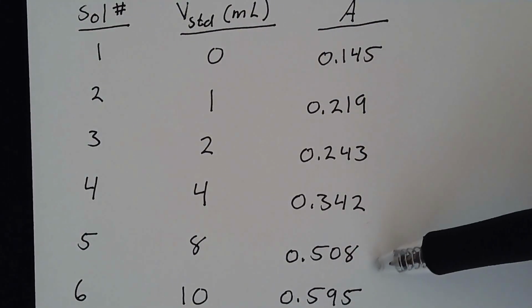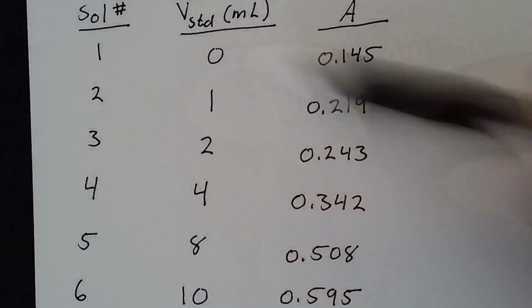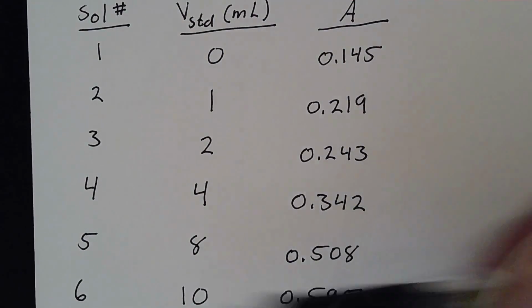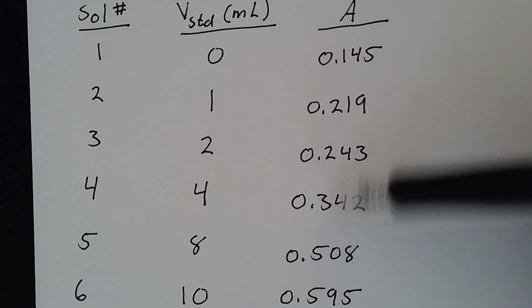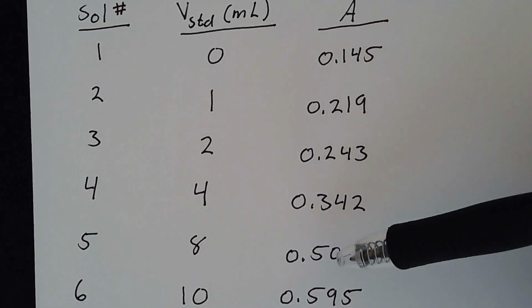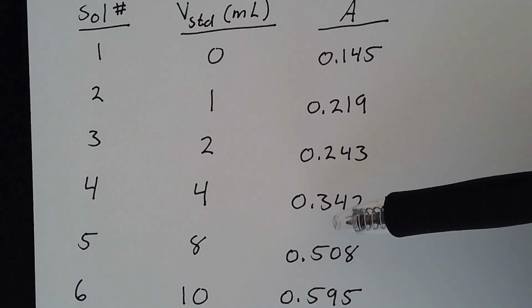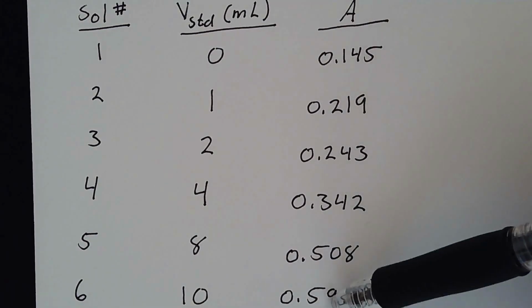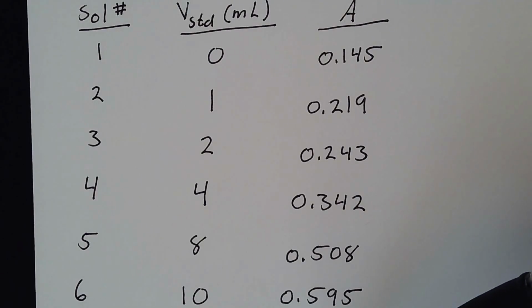And again, I kind of made these up, so don't take these to be some kind of actual measurements. But I did make them up to be at least marginally believable. Also, these absorbance values are a bit randomized, so we're not going to get perfectly straight lines here.